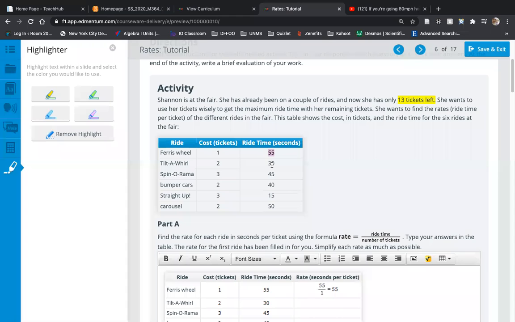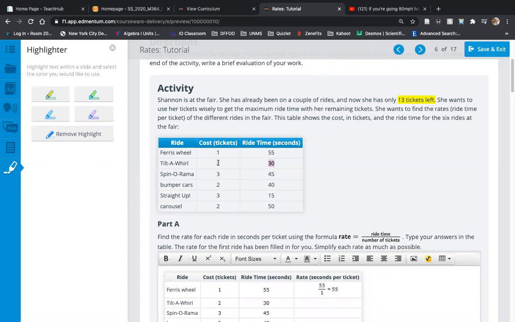If she's on the tilt-a-whirl, that's gonna be about half a minute, right? So each of these rides is gonna be for a different length of time. But remember, they all cost a different amount of tickets. It's not like every single ride only costs 1 ticket, right?